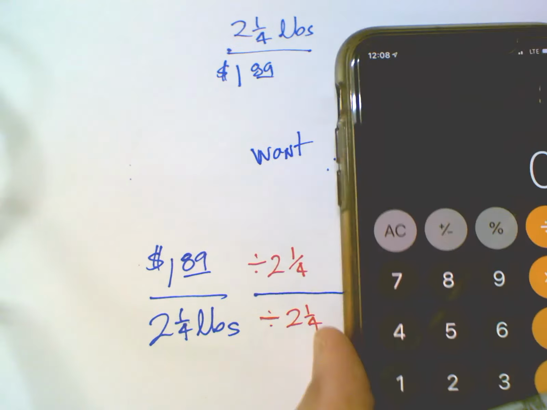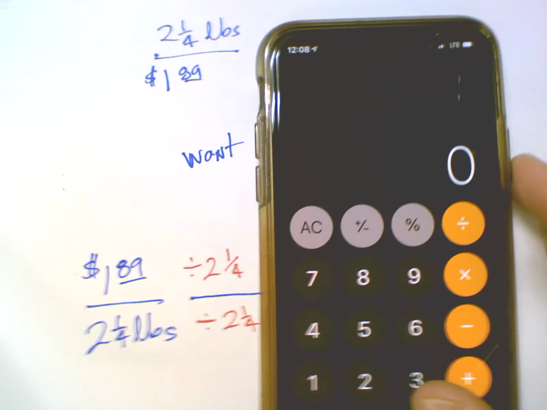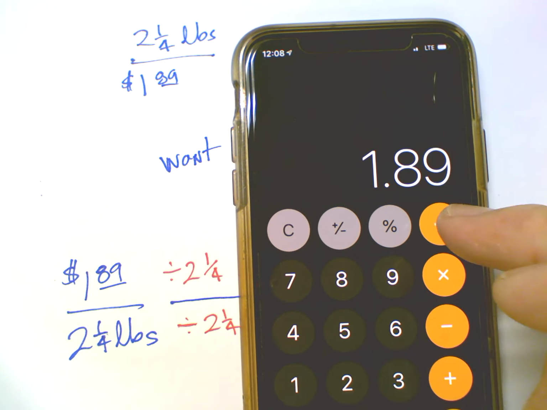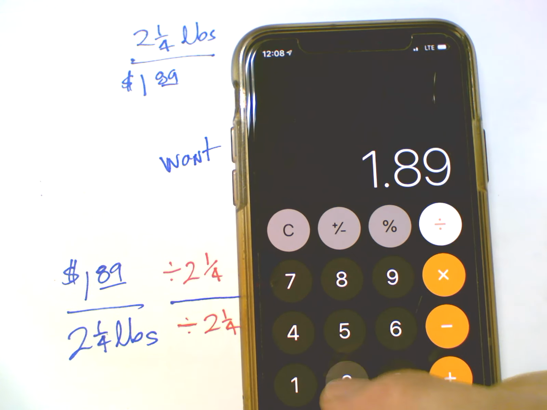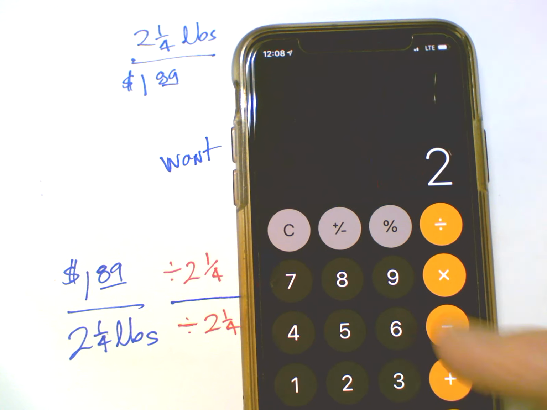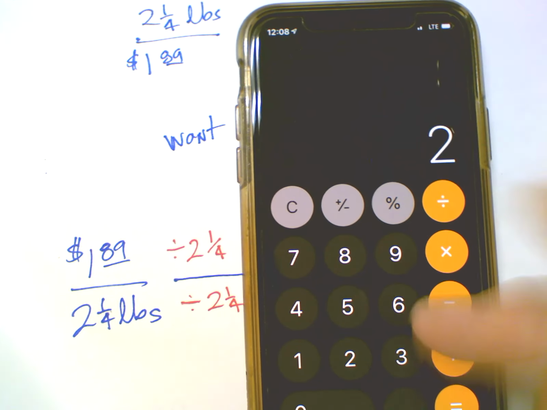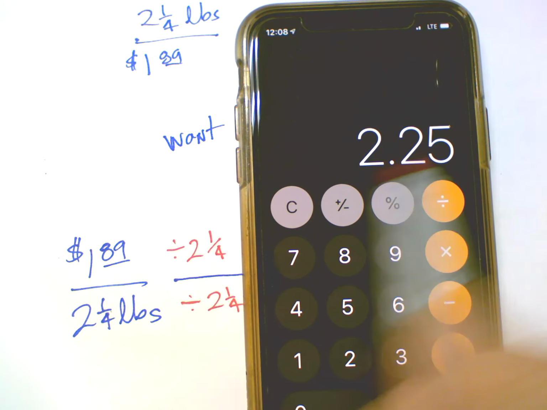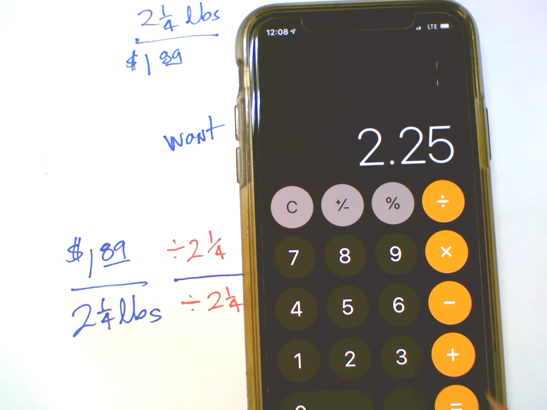I'll say $1.89 divided by... I can't do fractions on this, so I've got to know that a quarter is 0.25. Hopefully you know those fraction and decimal conversions, which is nice.